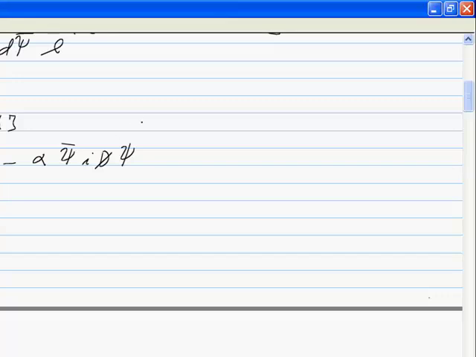This was with psi going to e to the minus alpha over 2 psi, and likewise for psi bar.